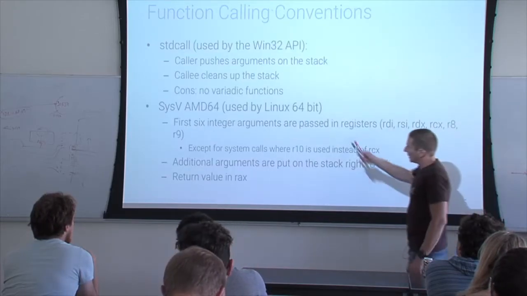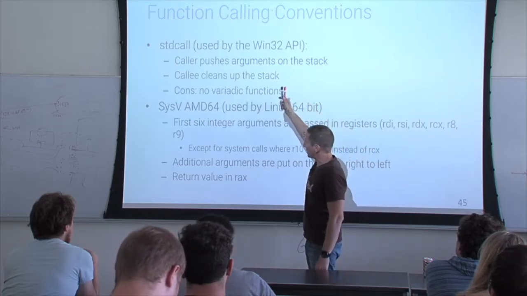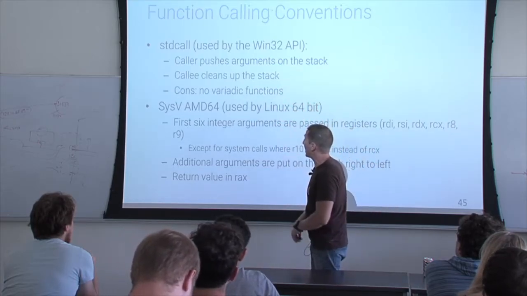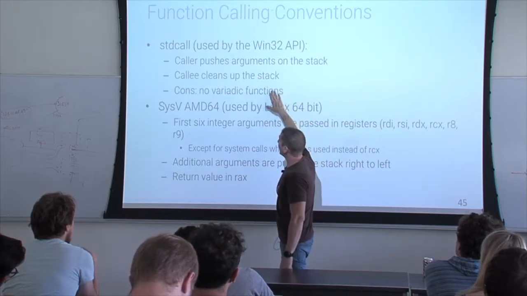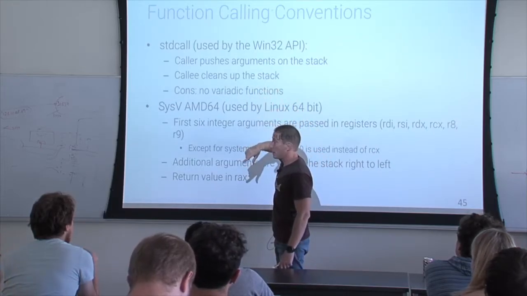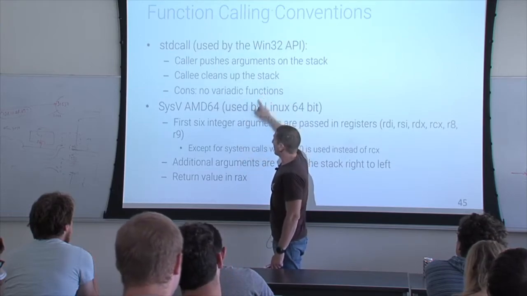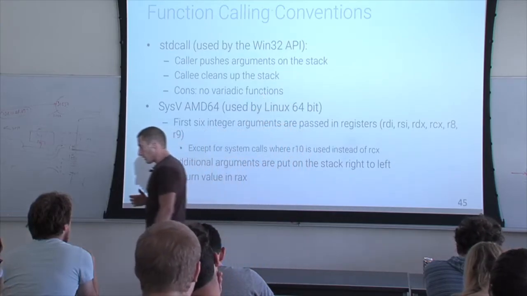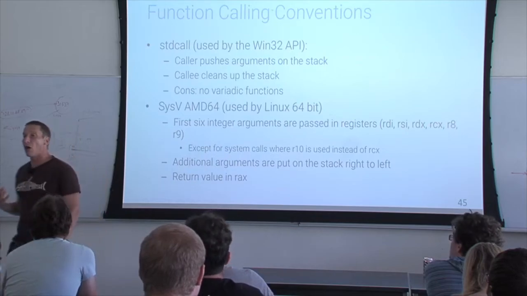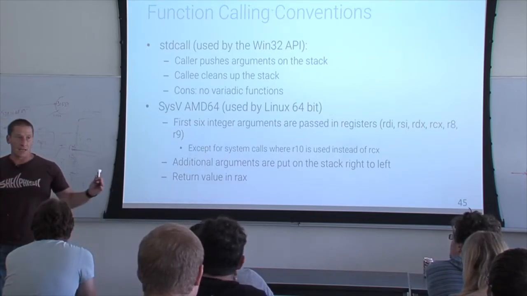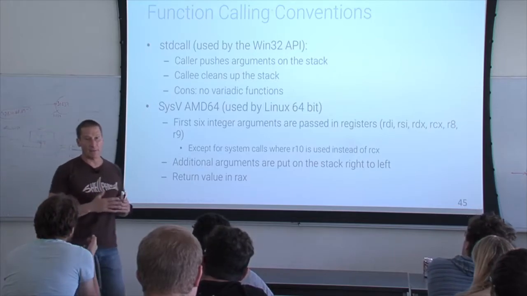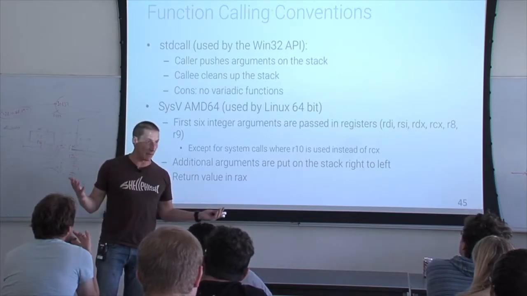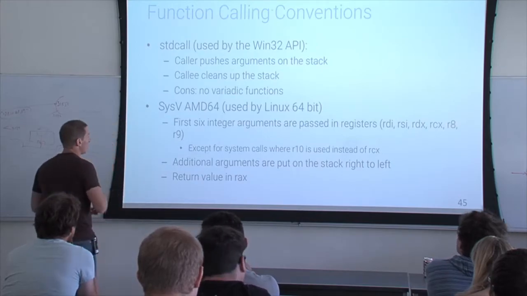This is the other approach, the stdcall used by the Windows API. And so the caller pushes the arguments on the stack, and the callee cleans up the stack. Okay? One of the problems is that this does not allow handling variadic functions correctly, that are functions like printf that have a variable number of arguments.